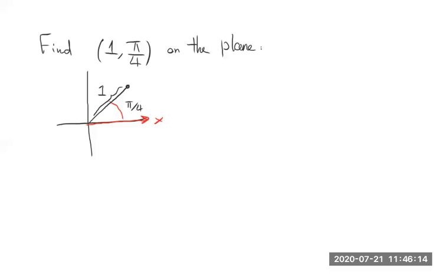At the end of that segment, that vector, you have your point. If it's P, this point is P.